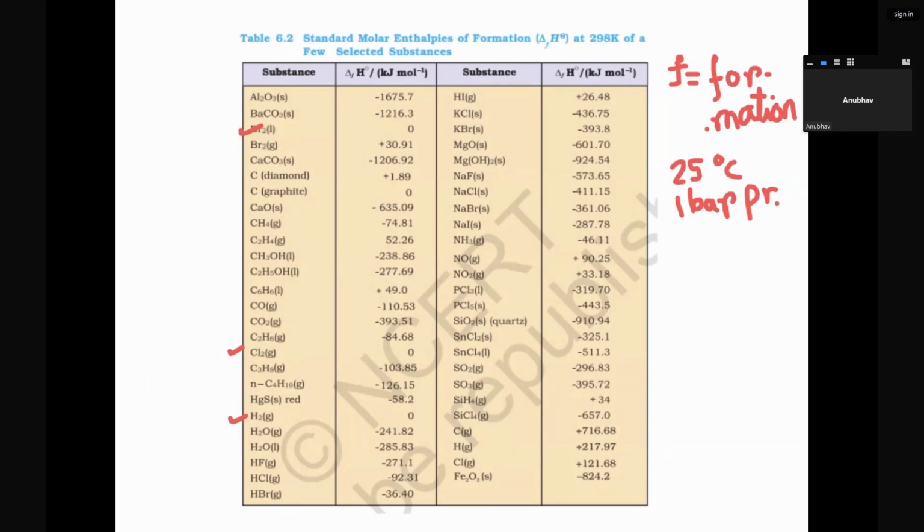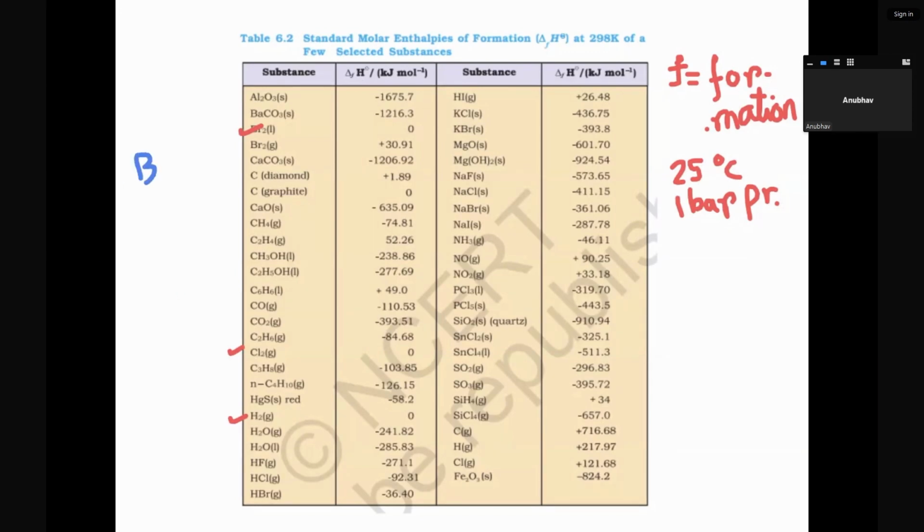Any diatomic, any atomic liquid or gas in its elemental state will have the delta FH minus 0. That's why bromine liquid, chlorine that is gas in room temperature, and hydrogen gas in room temperature, they have all their delta FH minus as equal to 0.